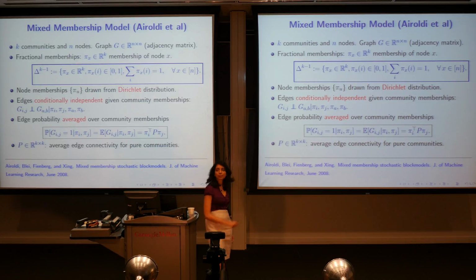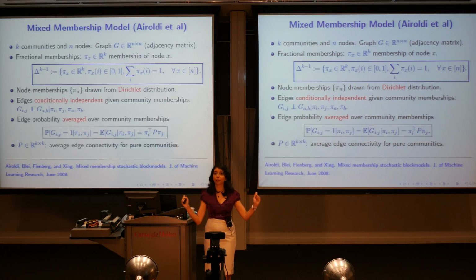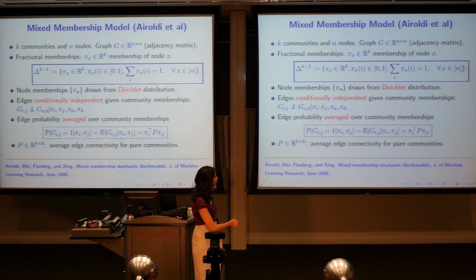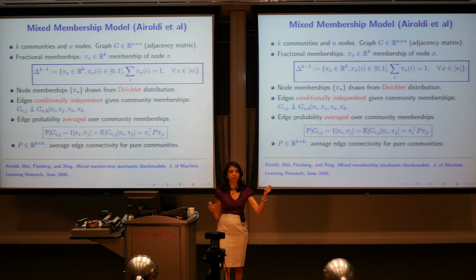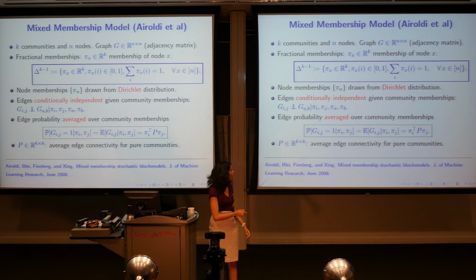So think of the special case if they were just pure communities, meaning pi i and pi j were just basis vectors. So for instance, node i belonged to community 1, node j belonged to community 2. So in that case, what I'm doing is just querying the element of this matrix P, which is the 1, 2 element, in the first row and second column.